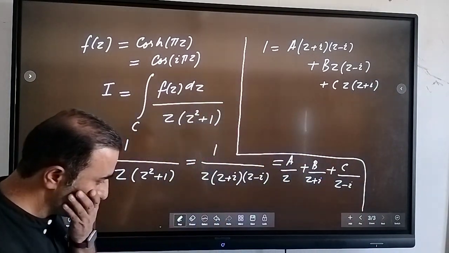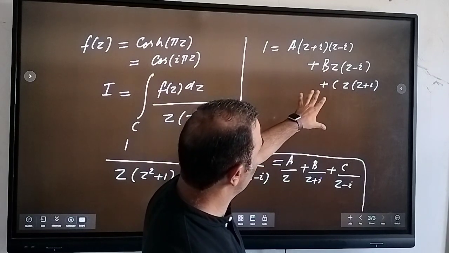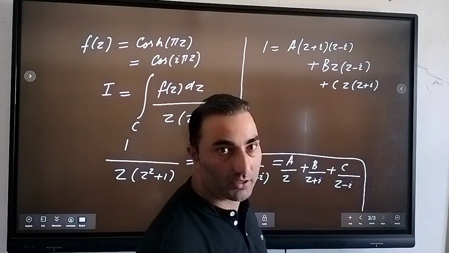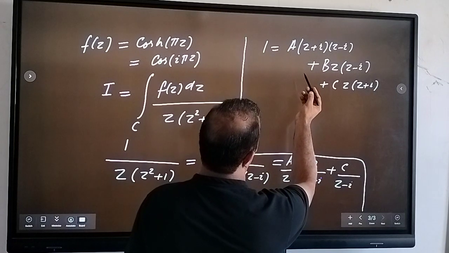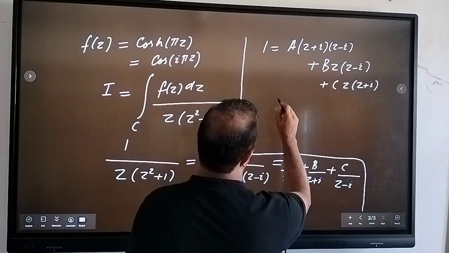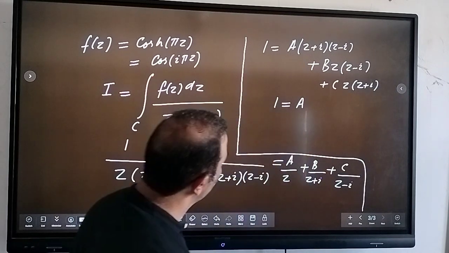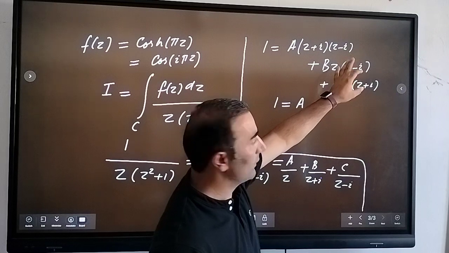Now you compare the coefficients. First you compare the coefficients of the constant term, because this will be a into z square plus 1, right? So when you compare the coefficients of the constant term, a will be equal to 1.